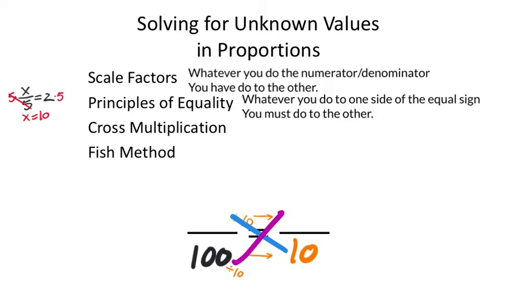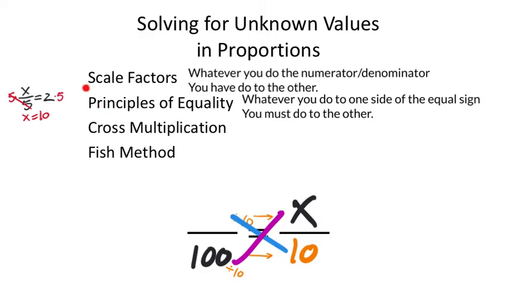Again, you're going to have some kind of unknown, perhaps, like this one. And then you're going to have to use a principle of equality in the end anyways to solve. The fish method, again, is related to cross multiplication. You multiply, divide, and that'll give you your answer. But it depends on where the x is. That is going to determine how you set those up. So we've seen principles of equality.